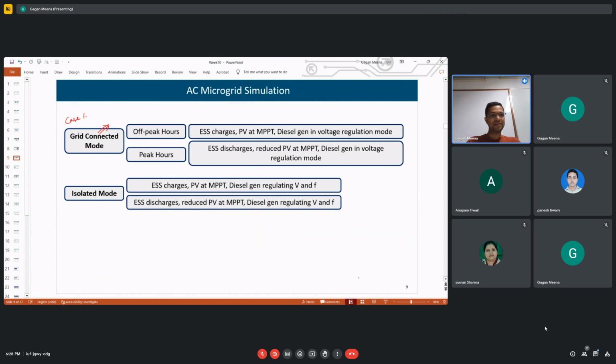Sharing of load. Sharing of load is correct. Okay. What else? Reliability will increase. Yes, reliability will increase because they are connected in parallel. We can bring one of them out for maintenance.